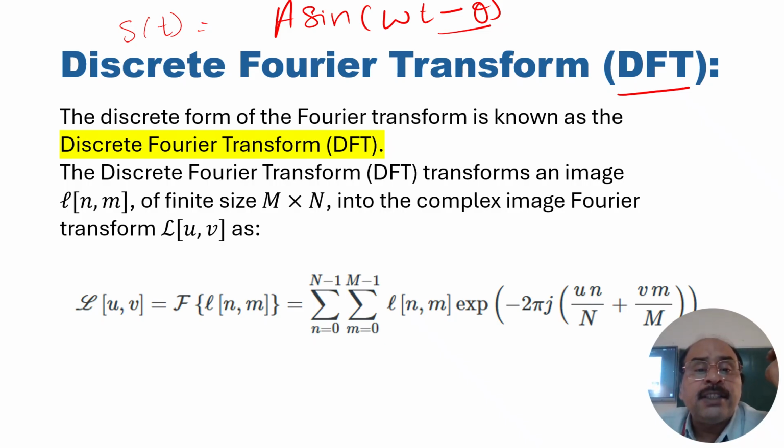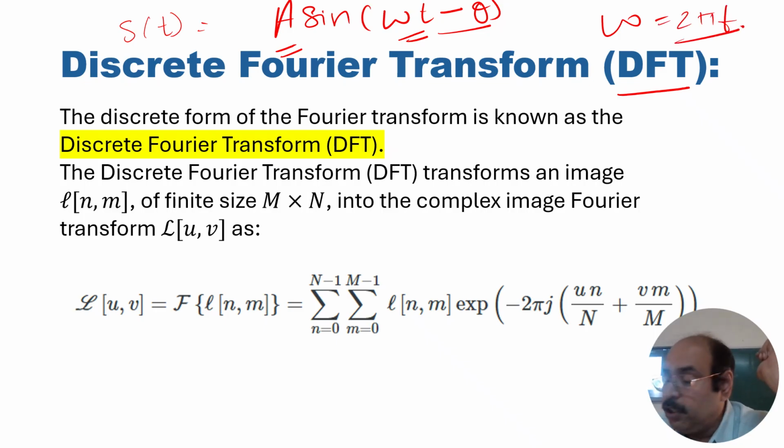Here, A is the amplitude and omega, you know, is the angular frequency, 2 pi f, or the frequency in simple terms, and this theta can be the phase. Okay, so any signal is represented in this manner, and this is a continuous signal.